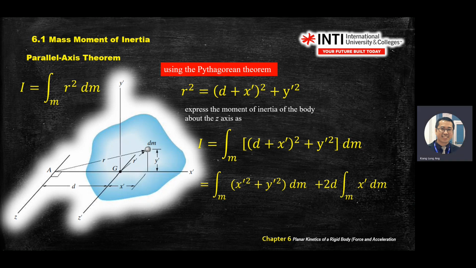Don't scare me. This one you also cannot do, then we cannot continue with it. I'm not sure whether your lecturer told you there's a shortcut to calculate this one. D square. This one, 2 multiplied by this one, multiplied by this one, you get 2 D x prime plus x prime square.